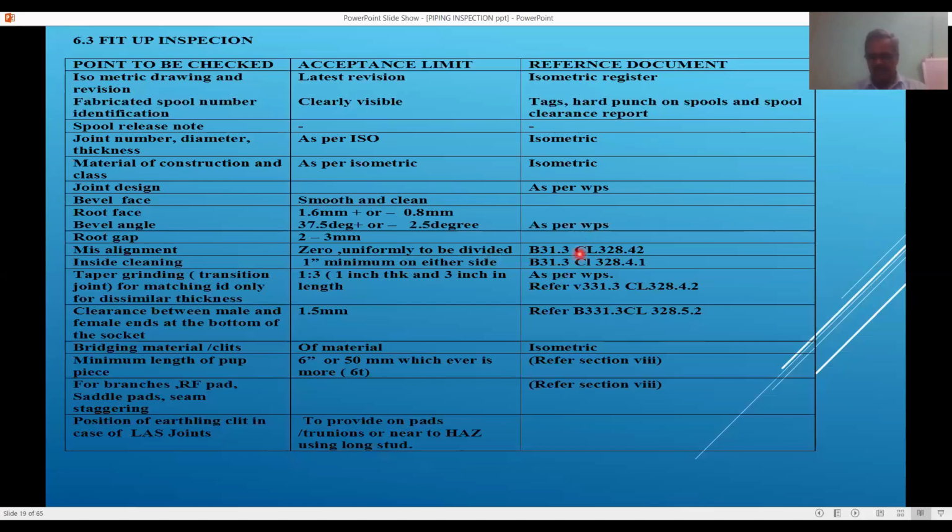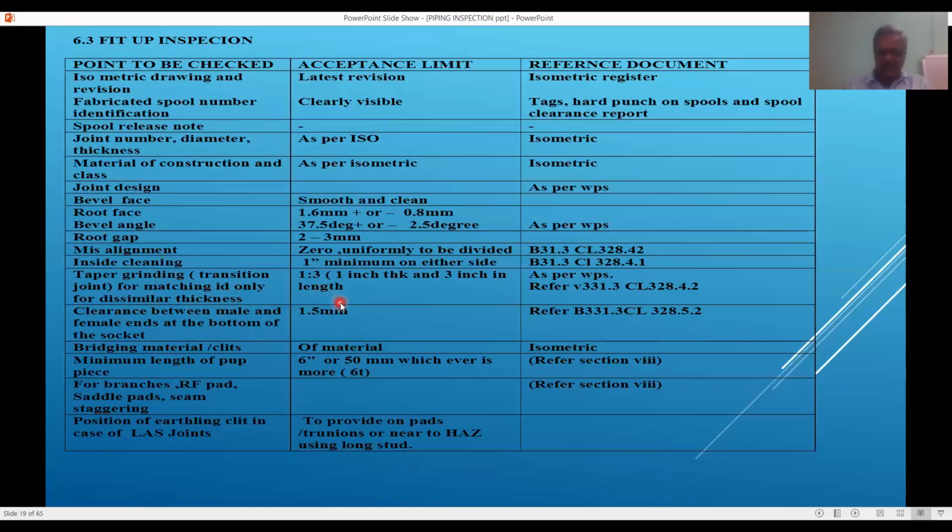This is B31.3, clause 328.4.3, very clearly mentioned. Inside cleaning, 1 mm minimum on either side. B31.3, clause 328.4.1 is also very clearly specified in the B31.3 process piping. Taper grinding, transition joint for matching ID, only for dissimilar thickness.